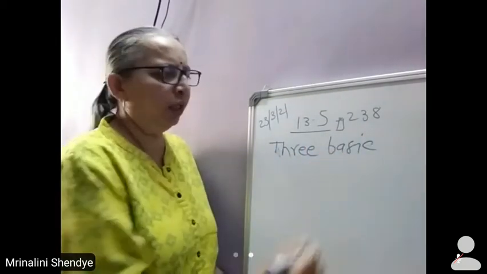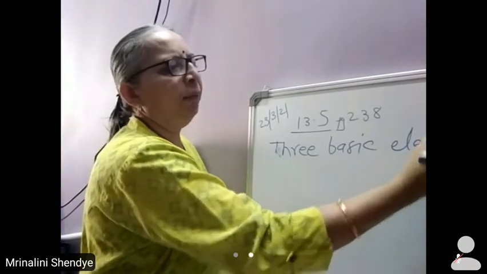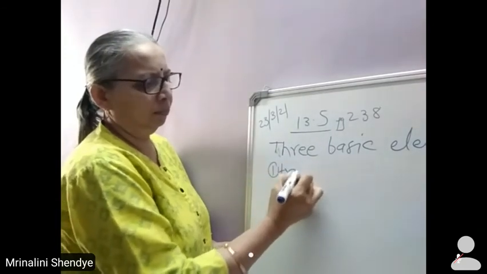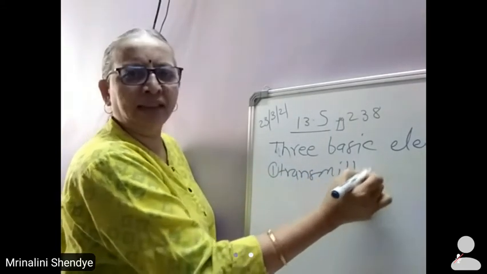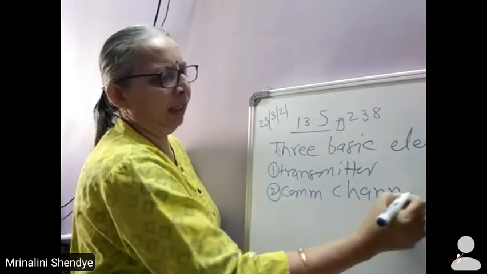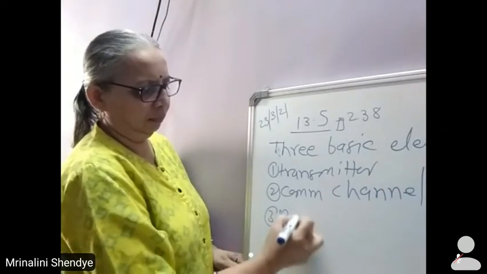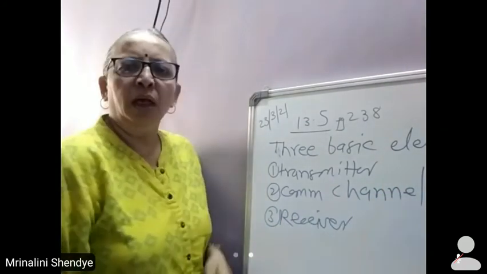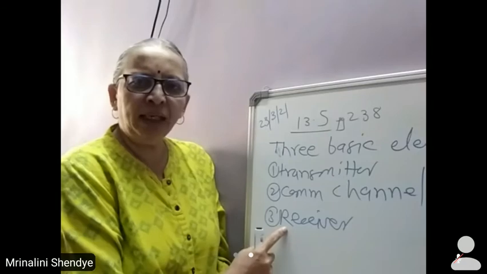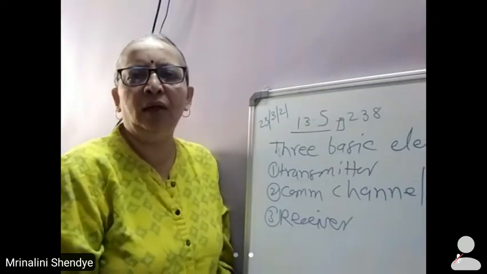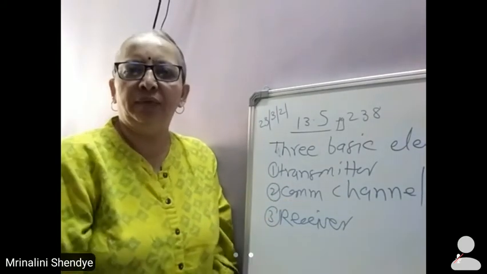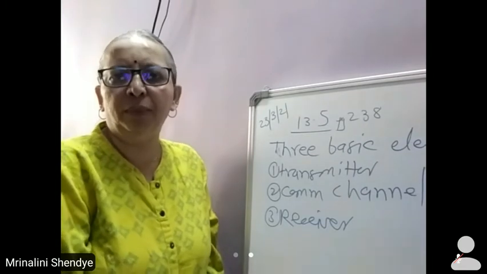One is a transmitter, the other is the communication channel, and the third is the receiver. The transmitter is kept at one end of the system. The receiver is kept at the other end of the system. So transmitter, communication channel, and receiver are the basic elements of a communication system.